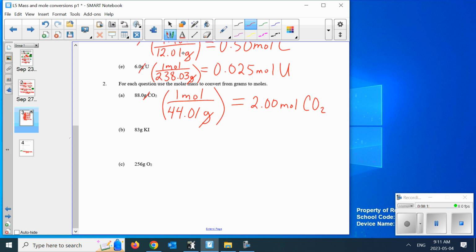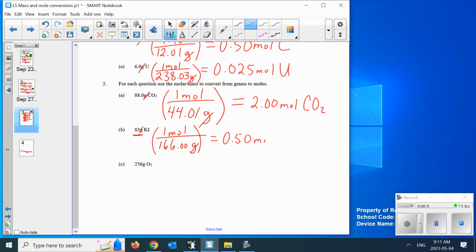And 83 grams of potassium iodide. When I added it up, now stop me if I make a mistake, I got 166.00 grams. When I divided it, I get 0.50, 2 significant digits.